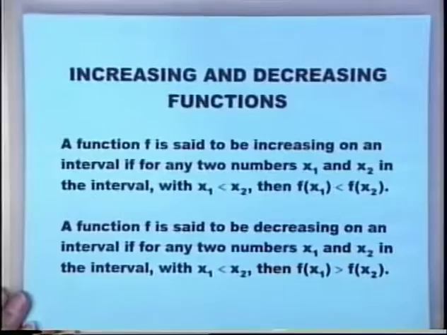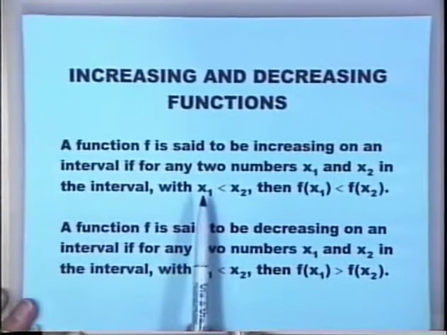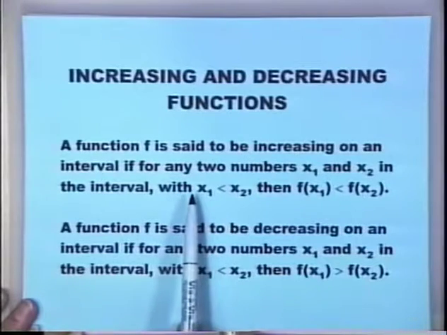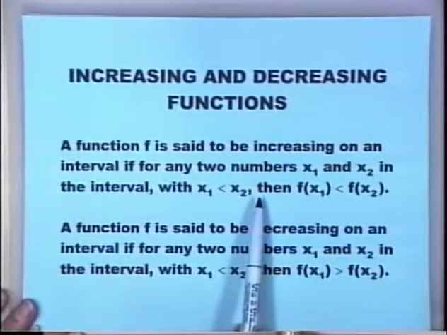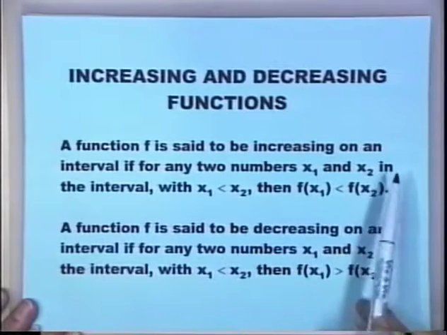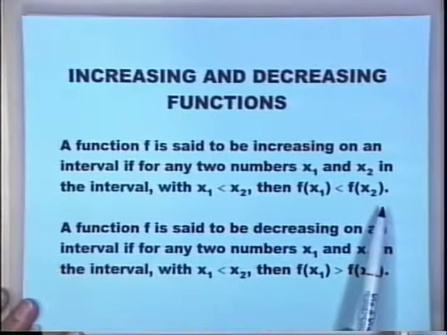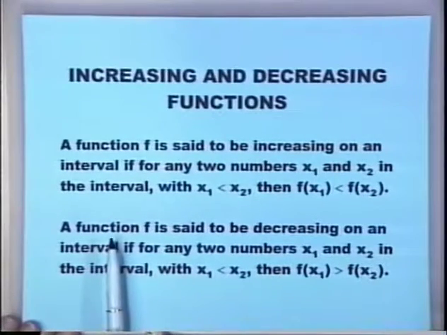Now we'll go to a graph in a second and I will illustrate this a little better, but right now this is saying as we move from left to right with our x values, our y values are getting bigger because our first y value is smaller or below the second y value. Now, similarly, we have a definition for decreasing.